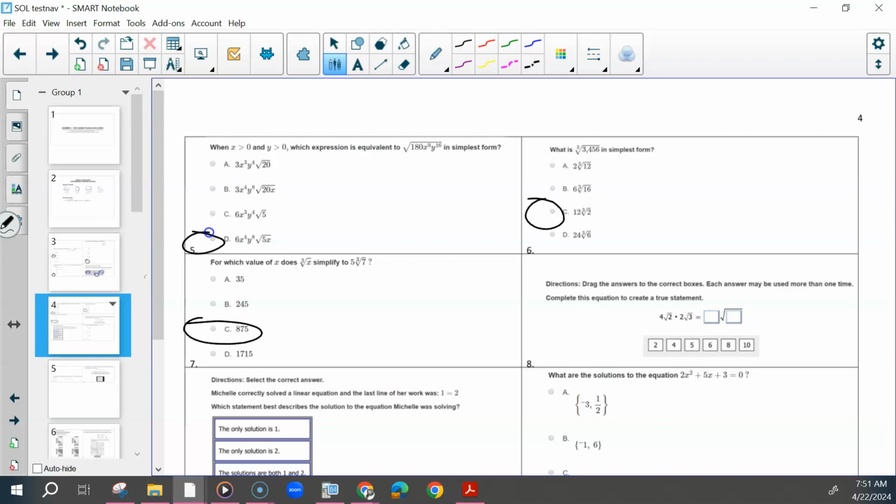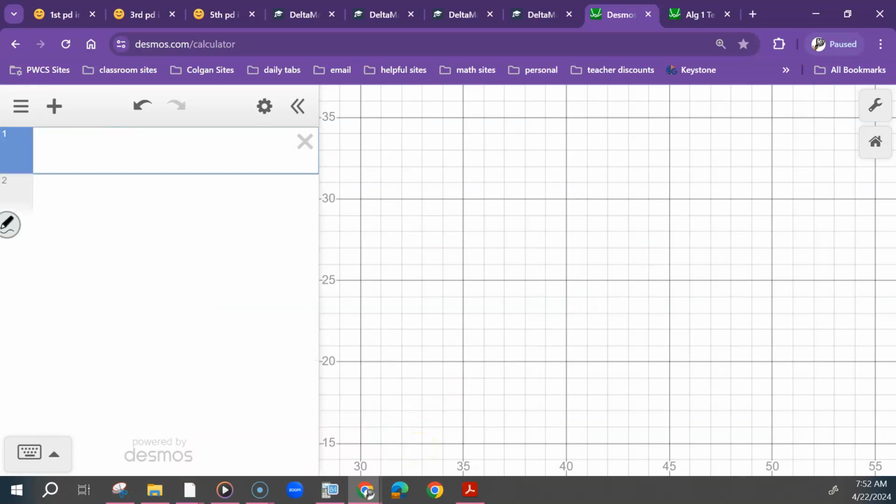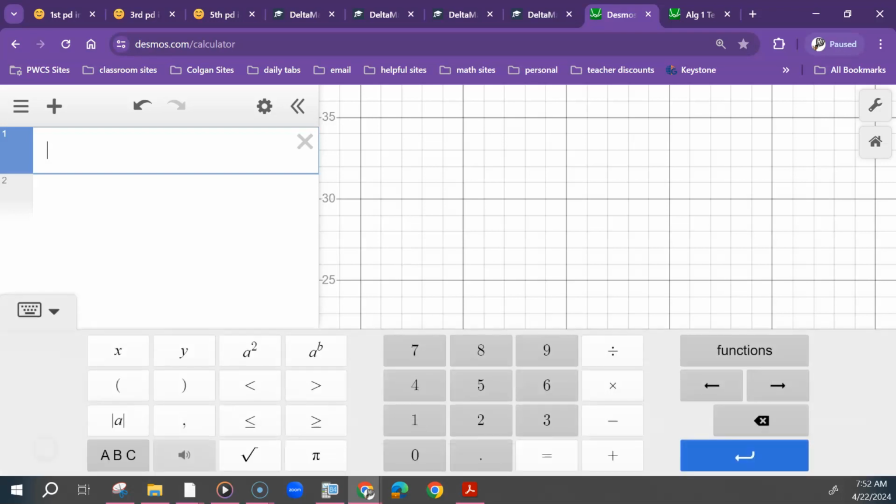5. I'm going to type in the original, but with capital X's and Y's.